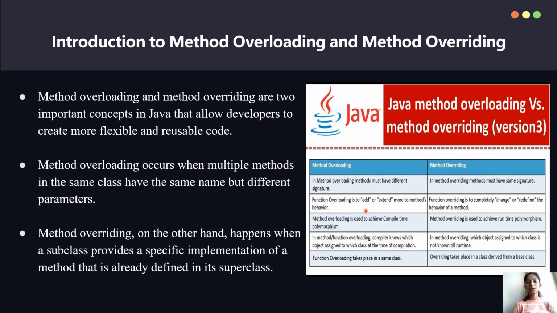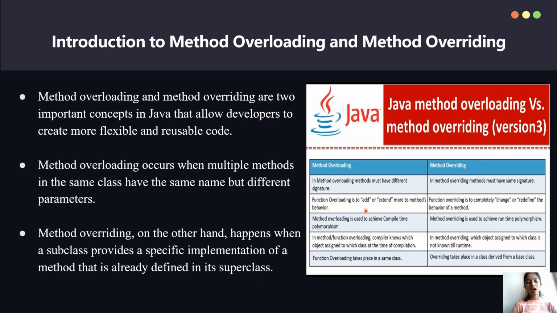Introduction to method overloading and method overriding. Method overloading and method overriding are two important concepts in Java that allow developers to create more flexible and reusable code. Method overloading occurs when multiple methods in a class have the same name but different parameters.